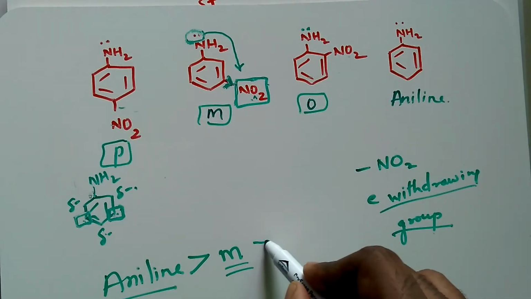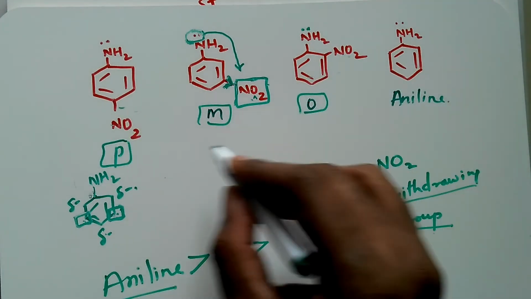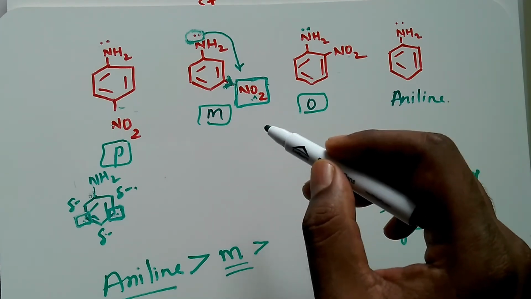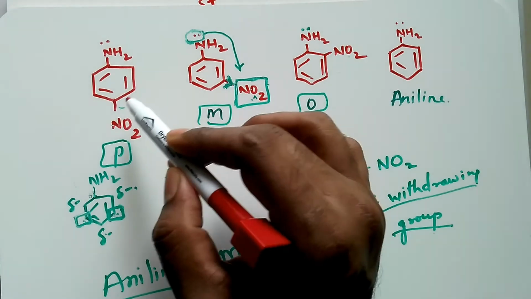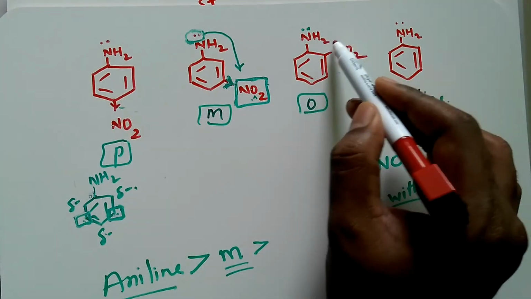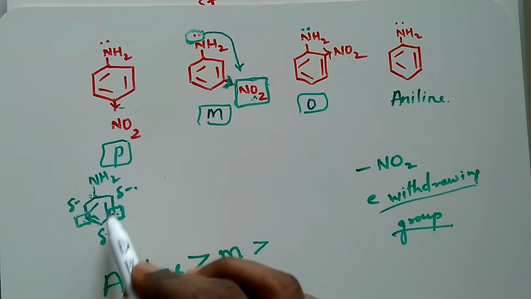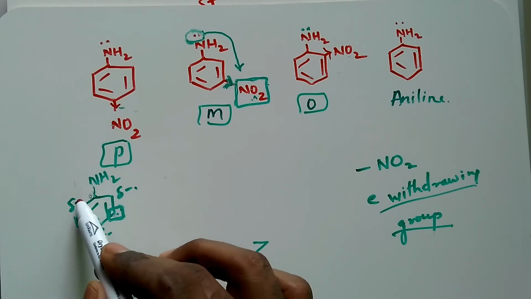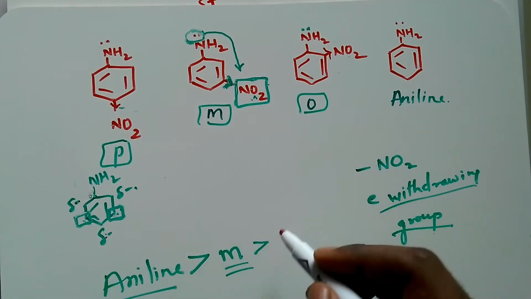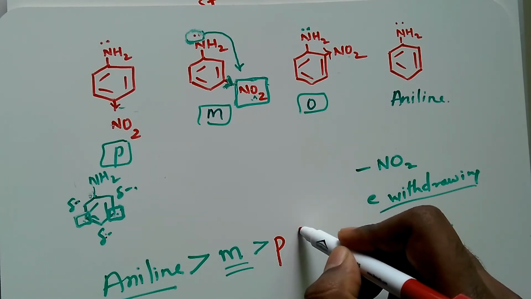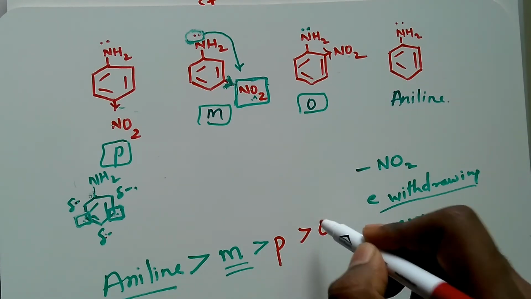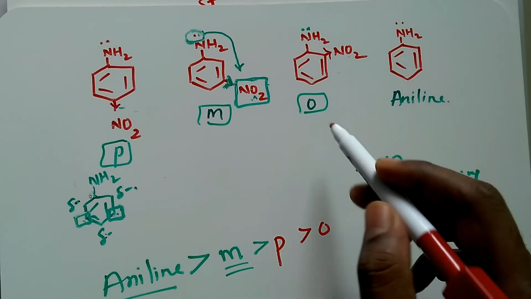Now the next case will be, which is more basic, the para one or the ortho? Both have the capacity to pull electrons towards themselves, because in the resonance hybrid we have electrons at the ortho and the para position, but para is more basic than the ortho due to the ortho effect.